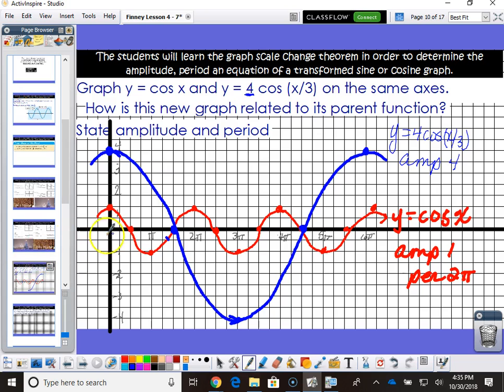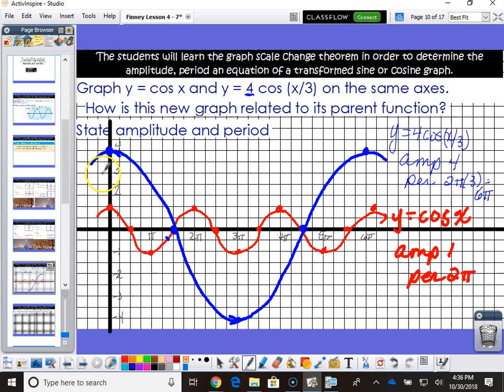Then I knew my period. Well, how did you know the period? The period in that function says it's 2 pi times a. In this case, it's 3. So that means my period is 6 pi.